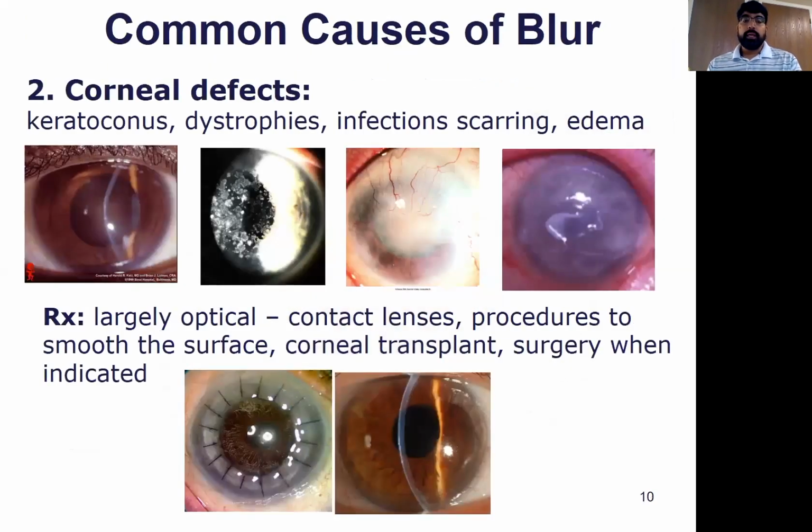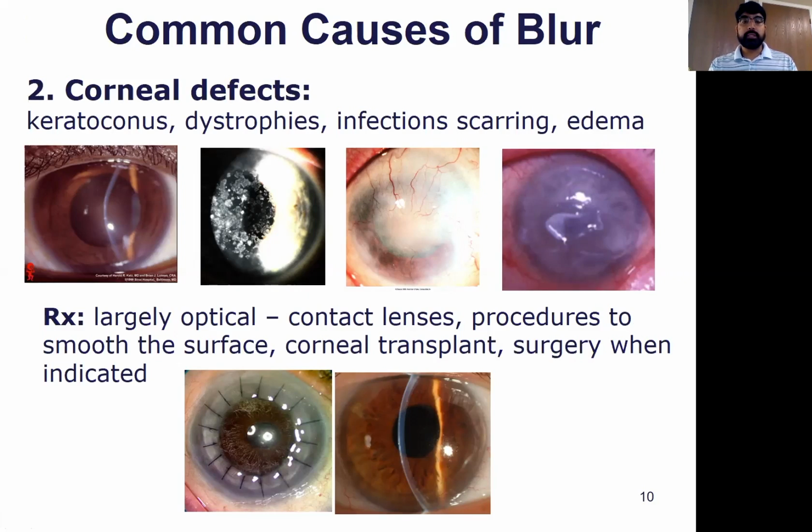So cornea defects can cause blur. Some common corneal defects are keratoconus, or when your cornea looks more like a football shape or pointed rather than a round, nice basketball shape, which is shown in the first picture here. You can get dystrophies where there are deposits on the cornea, so the cornea is clouding, and these are inherited dystrophies.